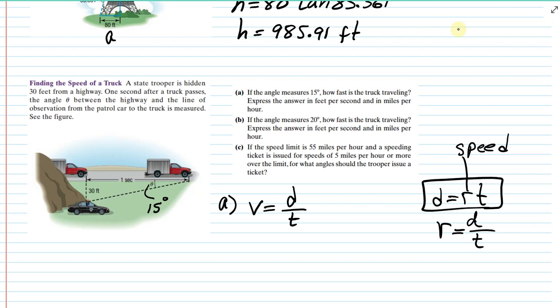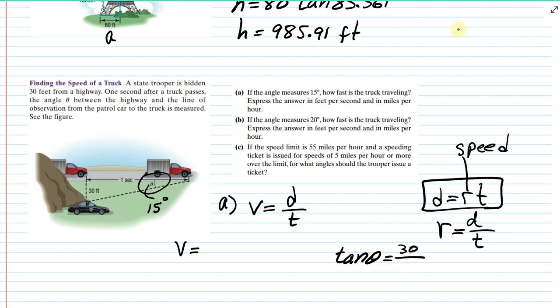Now let's actually measure the velocity. The distance that it travels, how do we find the distance? Because we need that distance. Well, let's see. On the side here, if I look at tangent of theta, the tangent of this angle is going to be 30 over d.